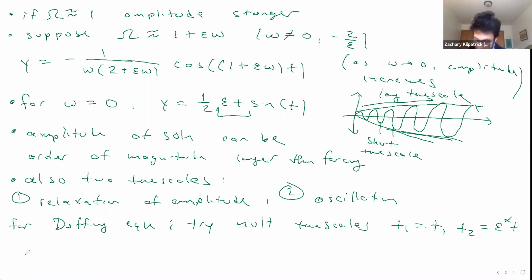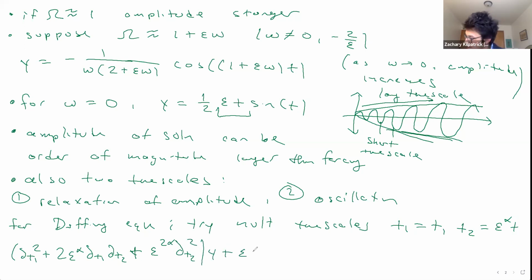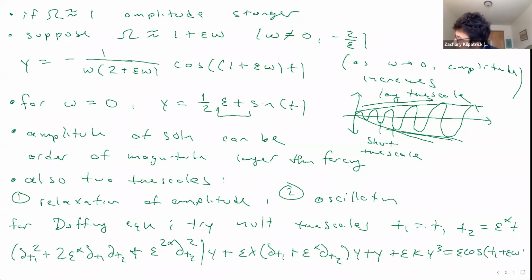So in that case, we're going to get some expansion: (dt1 squared plus 2 epsilon to the alpha dt1 dt2 plus epsilon to the 2 alpha dt2 squared) y, then plus our friction term, epsilon lambda (dt1 plus epsilon to the alpha dt2) y, plus epsilon kappa y cubed is equal to epsilon cosine of (1 plus epsilon omega) t1.